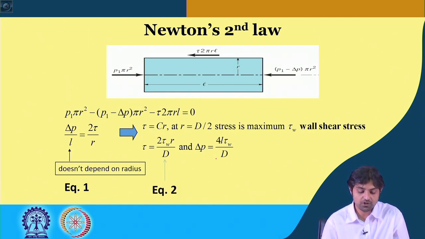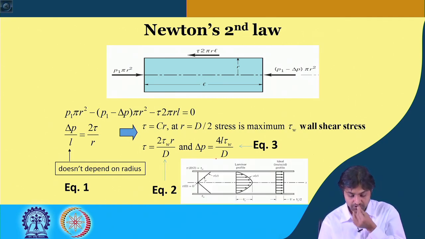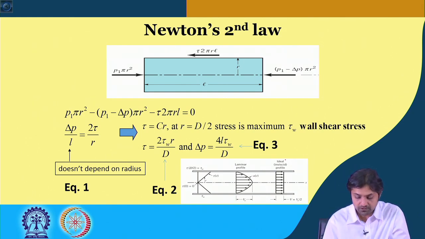This tau is equal to 2 tau W r by D is equation number 2. As you can see, tau is a function of r, and this pressure drop per unit length is constant as 4 tau W by D. All right. So this is the profile, you see. This is the laminar profile for viscous pipe flow, and this is the ideal profile.